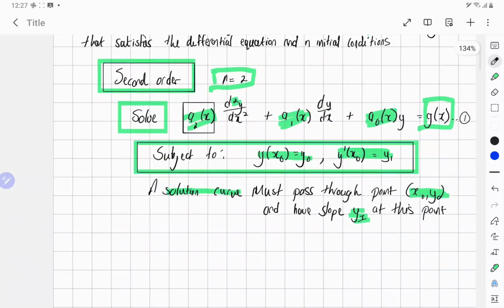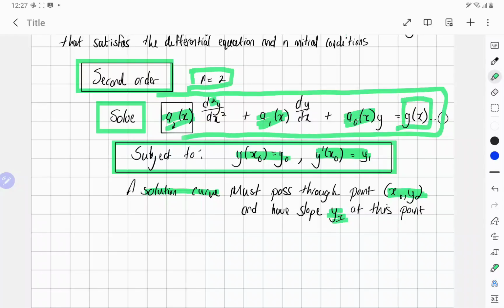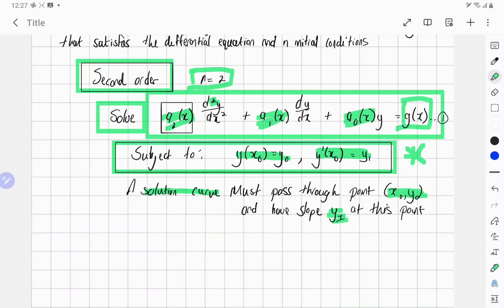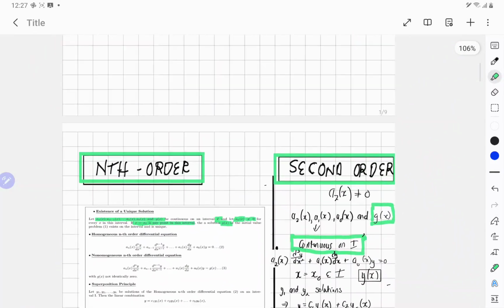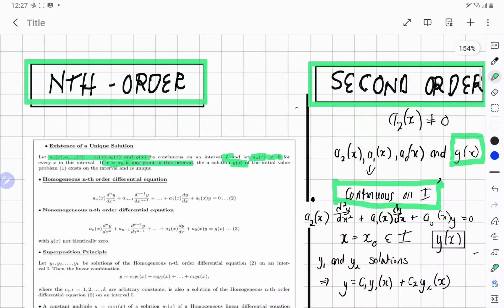So the initial value problem, remember we call it an initial value problem if our differential equation, let's look at the second order differential equation, is subject to initial conditions. So let's just again recap existence and uniqueness. So when will the solution exist for the initial value problem?